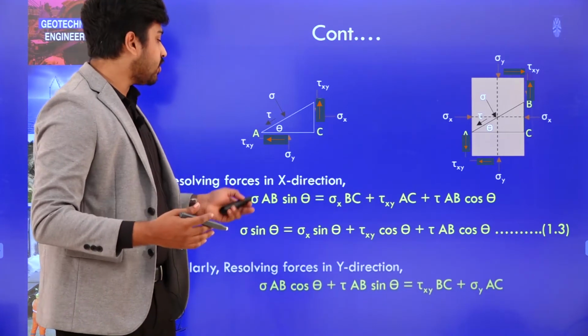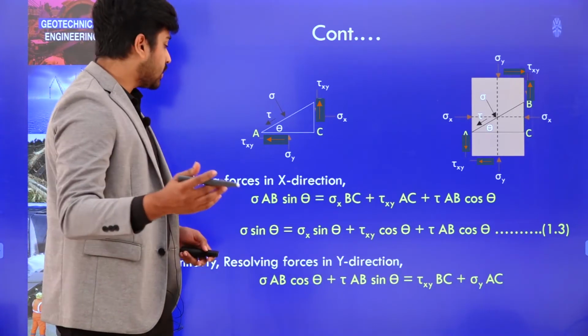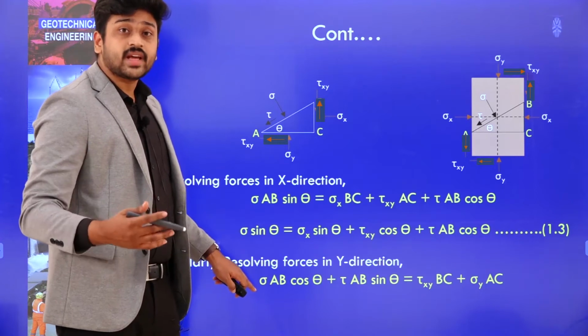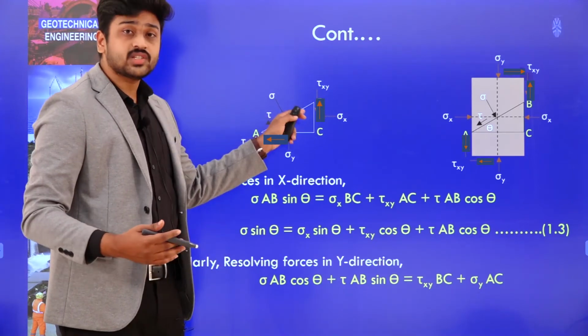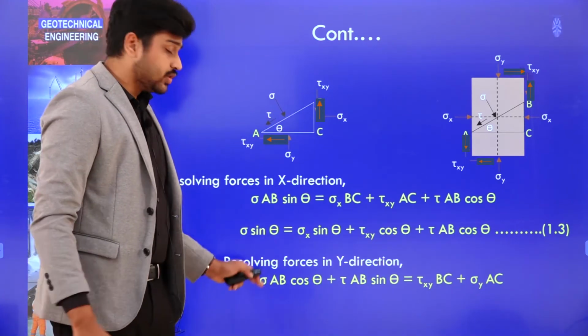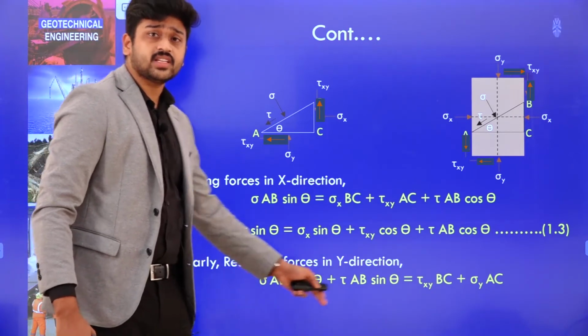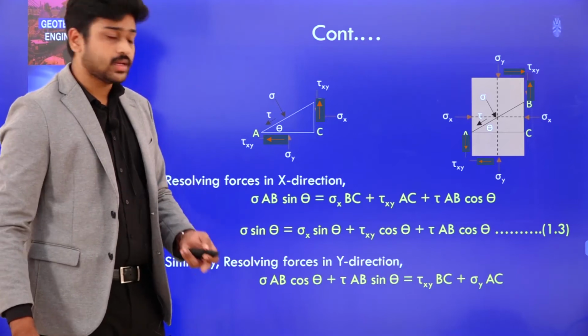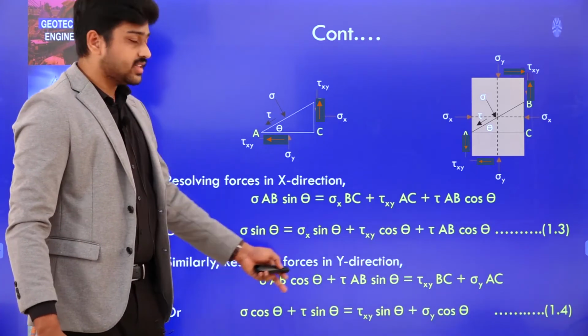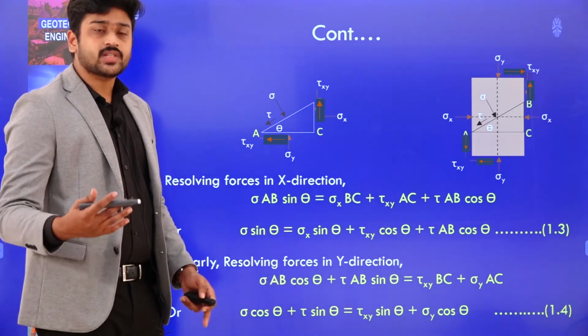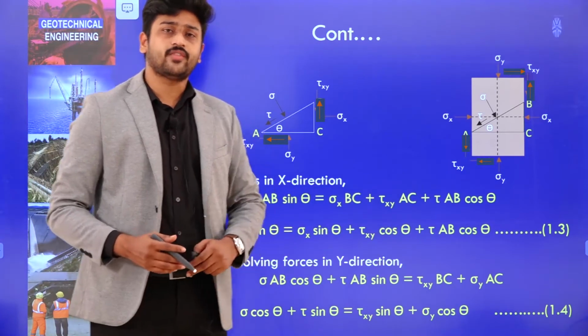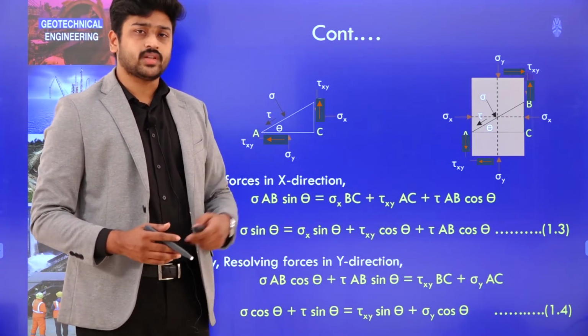Similarly, if you resolve the forces along the y direction also, you can simply get an expression using this wedge. Now you have to simplify this by dividing with respect to AB once again, and you may obtain another expression. Let us say this is equation 1.4 and the previous equation is 1.3.